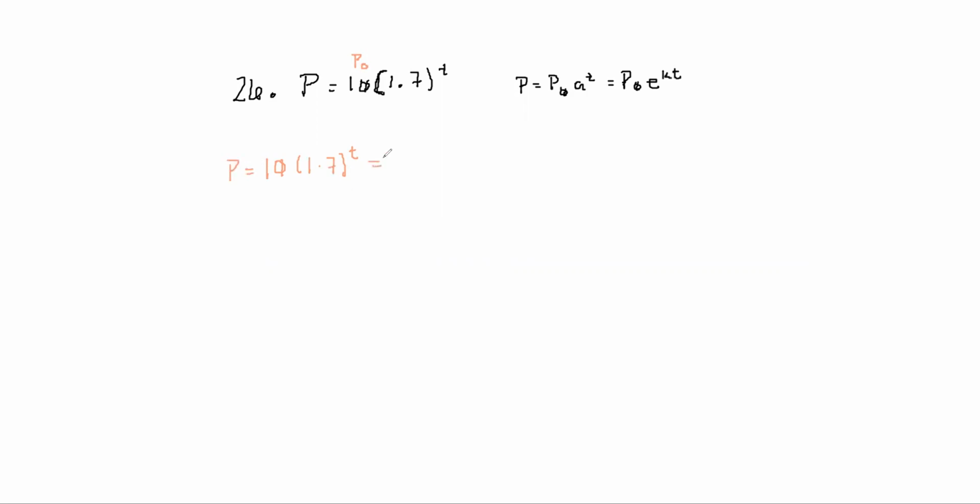So we also know that this is P naught, 10 in this case, e to the kt. Now we're just going to throw out that P. We don't need that anymore. We're just going to divide both sides by 10, and that will simplify it. So what we have is 1.7 to the t is equal to e to the kt.